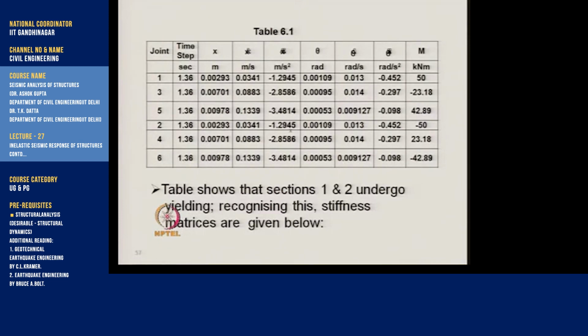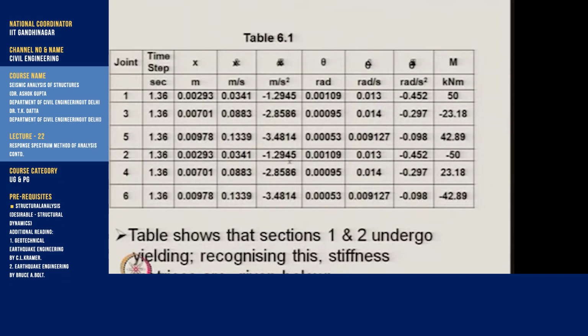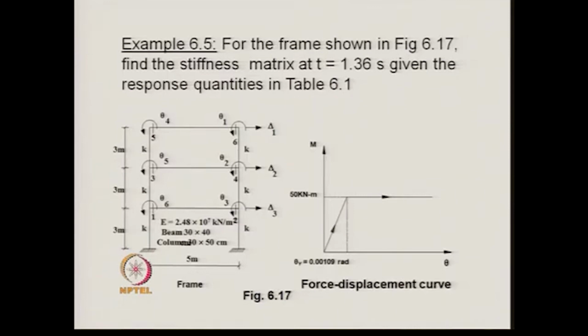So, these are the rotations, and we can see that at joint 1 the rotation is maximum, that is at this section over here the rotation is maximum, that is in the bottom column or bottom beam.